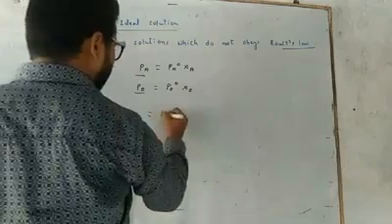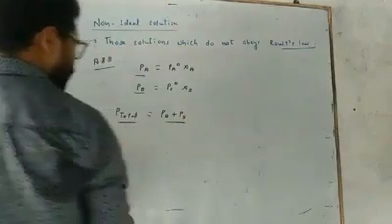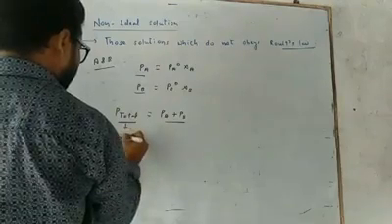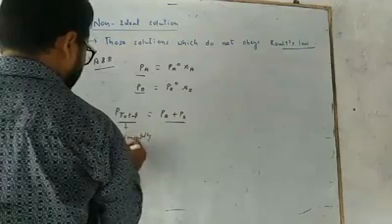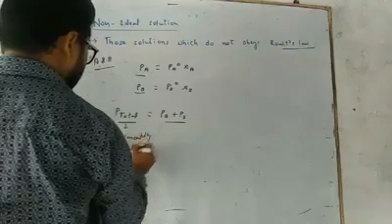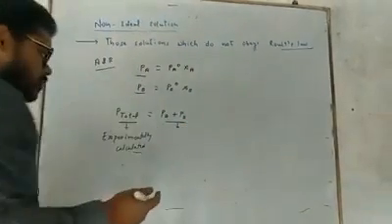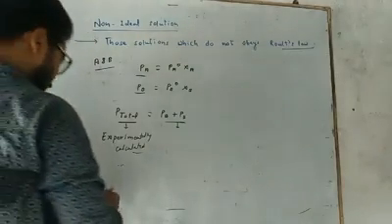PA and PB, I told you, are experimentally calculated, and this is calculated by Raoult's law. Very simple.